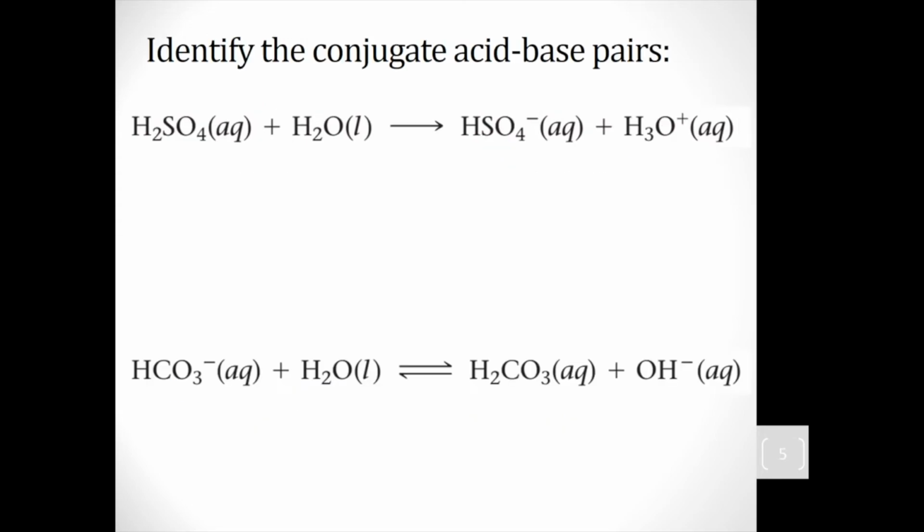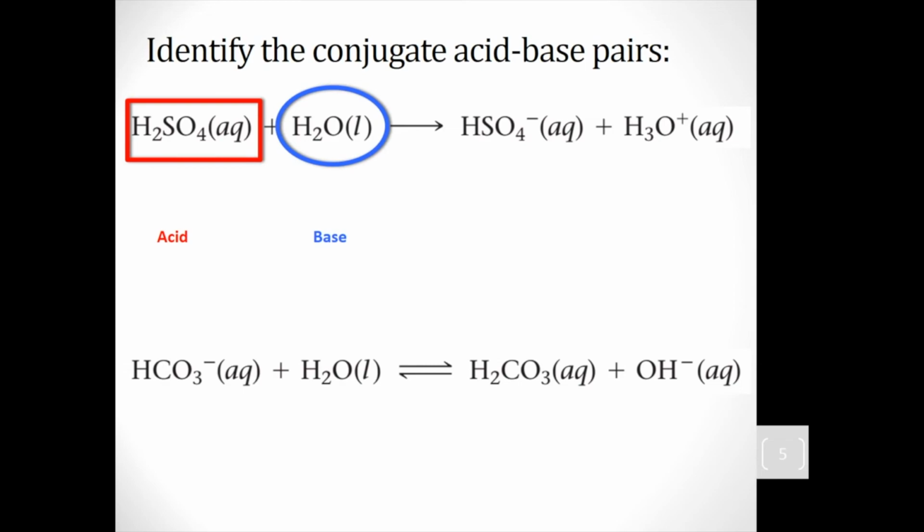So let's identify these pairs in the reactions given here. H2SO4 aqueous reacts with water to produce HSO4- and H3O+. H2SO4 donates a proton to water. That makes H2SO4 the acid. Starting from just identifying the acid, I can find what I'm left with when it acts like an acid: HSO4-.